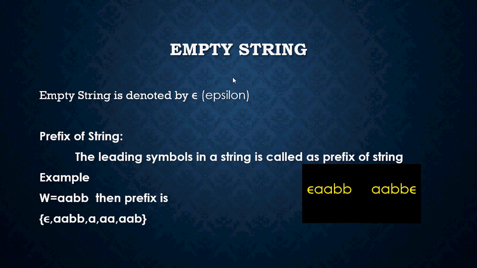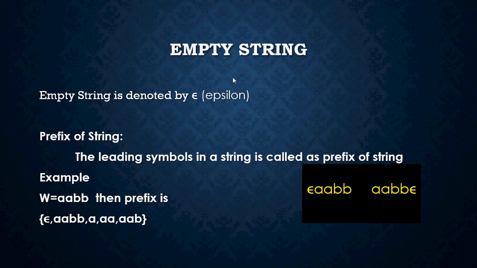When you take the first string, epsilon AABB, the leading symbol is epsilon, so epsilon is a prefix. When you take the second string, AABB epsilon, the leading symbols are AABB. In both cases, that's why you have epsilon and AABB as prefixes. This is called a prefix.